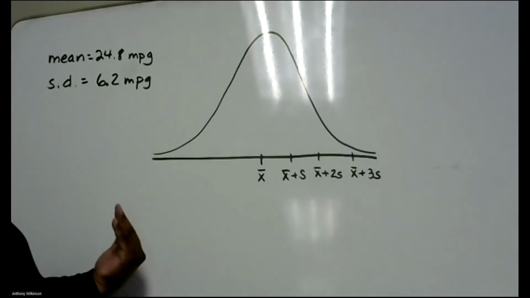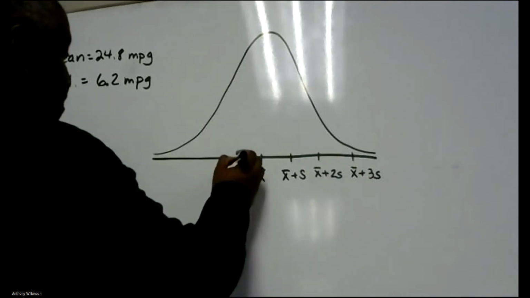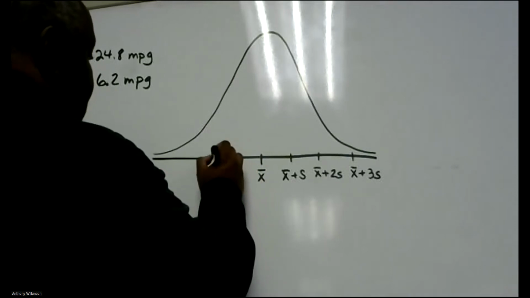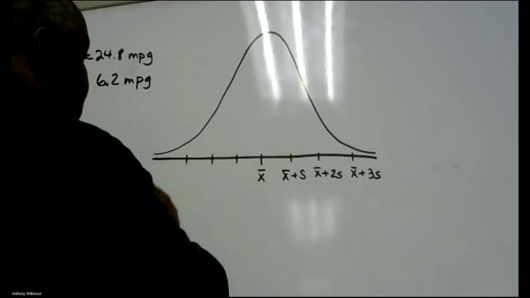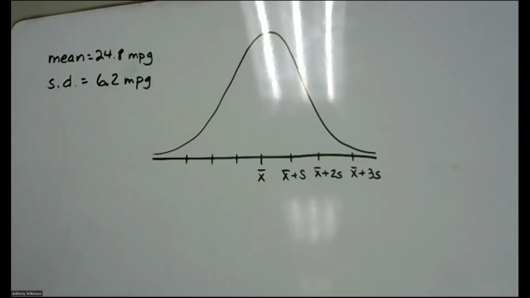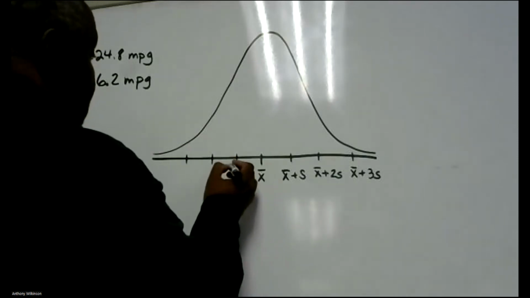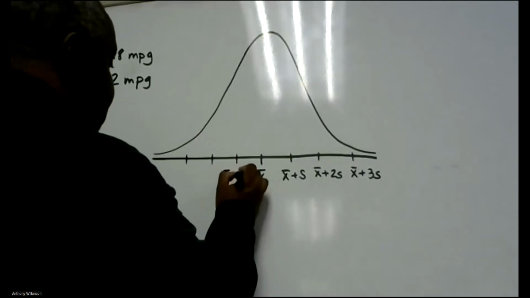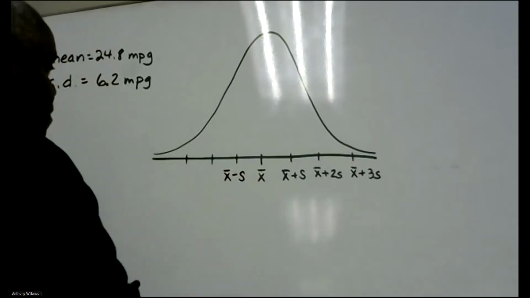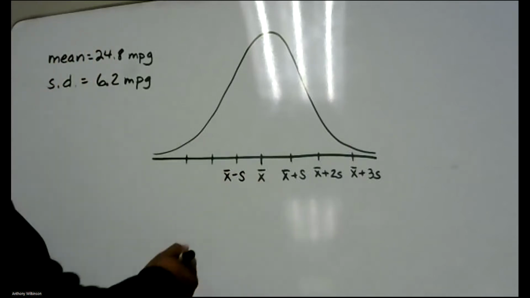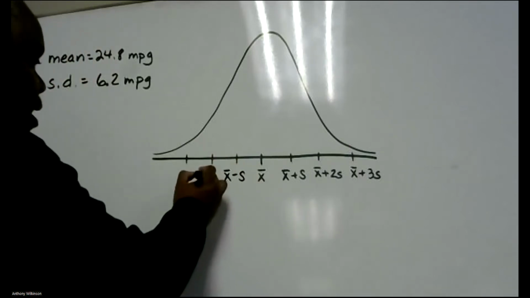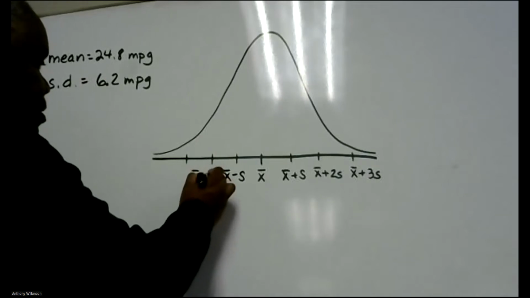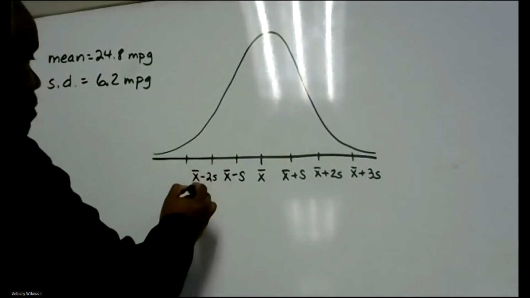Then I'm going to go to the left, or below the mean. So 1 standard deviation below the mean will be X bar minus 1S. Then if I go out another standard deviation, it'll be X bar minus 2S.